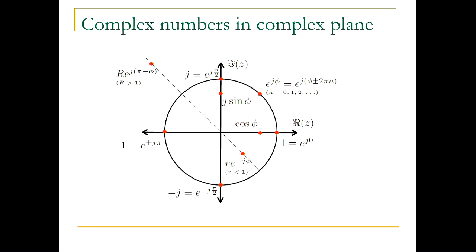All right. So here is just one example with lots of different, so red dots represent different complex numbers, and they are presented here in polar coordinates. For instance, this number only has a real part, it has magnitude 1, it's on the unit circle. So this circle here represents the unit circle.